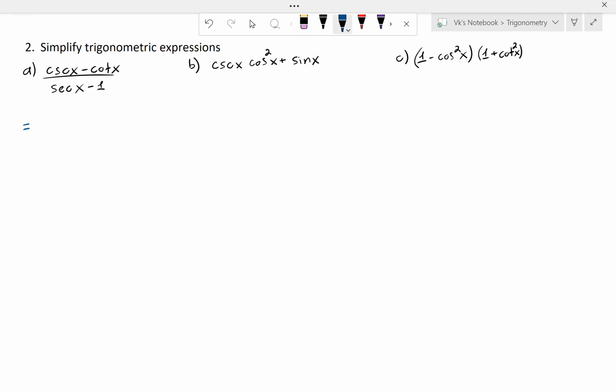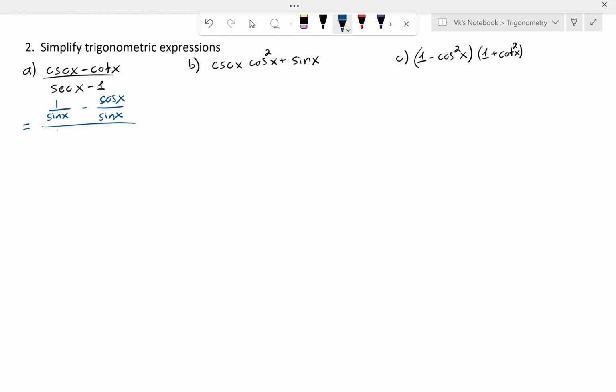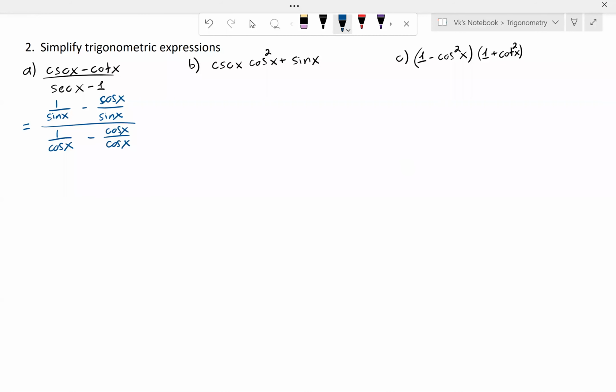So cosecant is 1 over sine, cotangent is cosine over sine, secant is 1 over cosine, and the number 1 is cosine over cosine, same denominator. From there, we can do a common denominator.